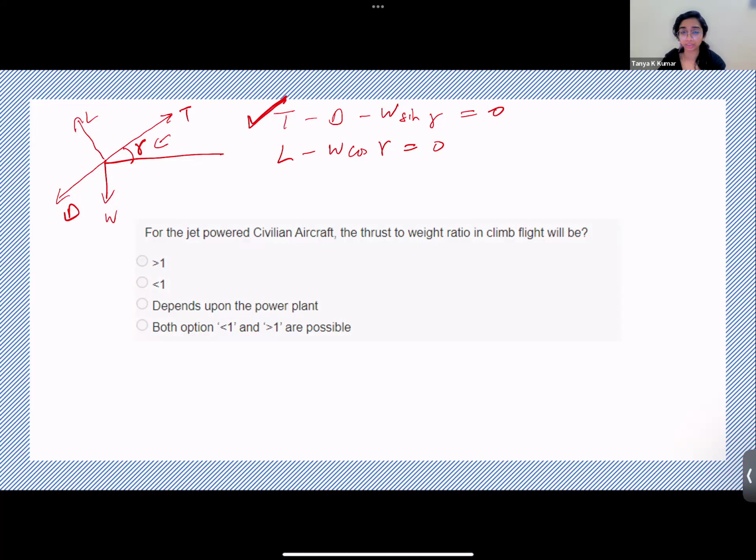What is the equation for thrust to weight ratio? Just equate thrust equal to something, rearrange the equation, divide throughout by weight. So it's just T equals D plus W sine gamma. Thrust to weight ratio is D by W plus sine gamma.